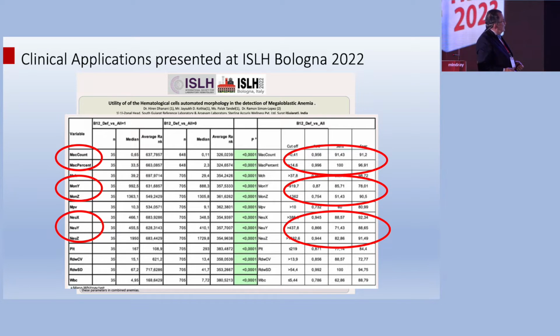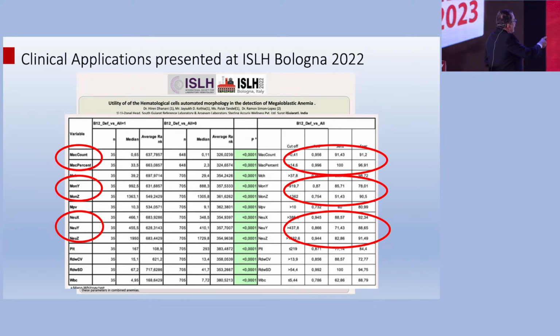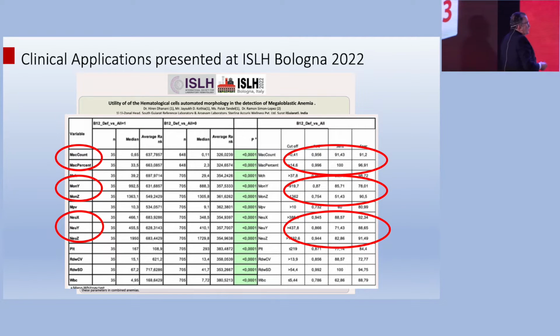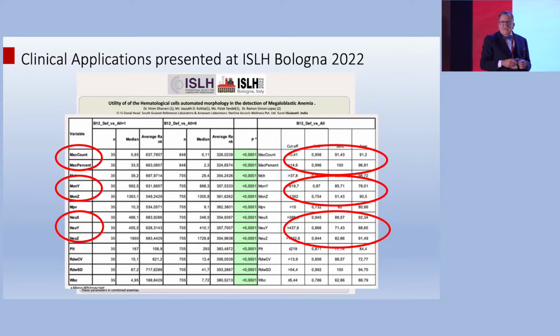Another of the studies was done in anemia, was done by one of the doctors presented here, Dr. Hiren Danani, that we did this investigation together, in that he demonstrated that in megaloblastic anemia, not only the microcyte count, that was very good also, but the monocyte fluorescence, the monocyte size, and the neutrophil scatter were very good for detecting megaloblastic anemia.